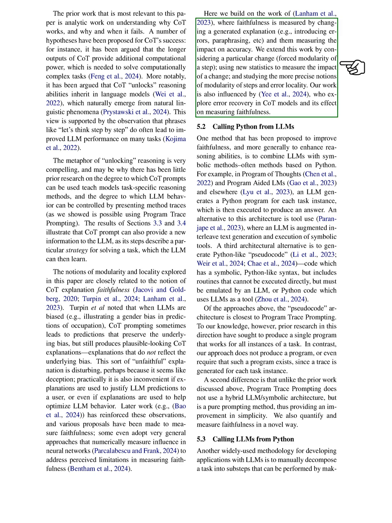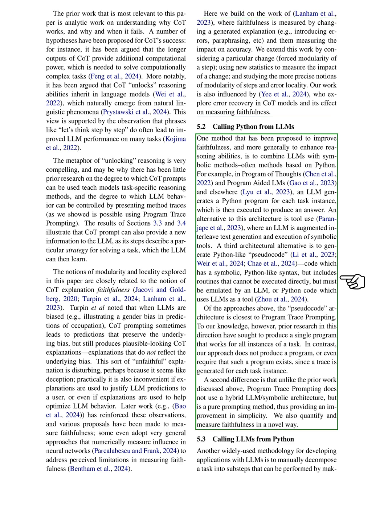Section: Calling Python from LLMs. In this section, we discuss how we can enhance the reasoning abilities of large language models, LLMs, by integrating them with symbolic methods, particularly those based on Python. One approach involves having an LLM create a Python program for each specific task, which is then executed to find the answer.